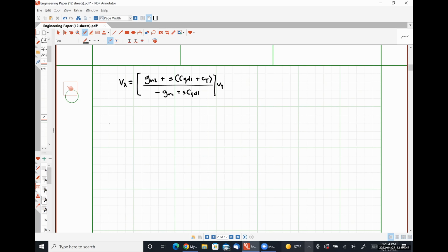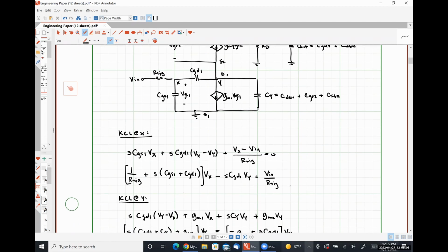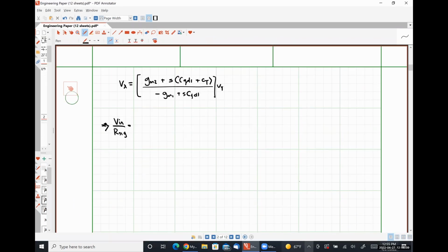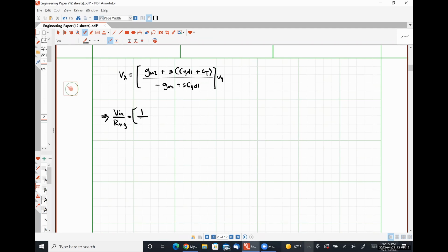What that's going to give me is Vn over R sig is equal to, let's see, 1 over R sig plus S (CGS1 plus CGD1) times Vx. So I'm literally just substituting in what I have up here.